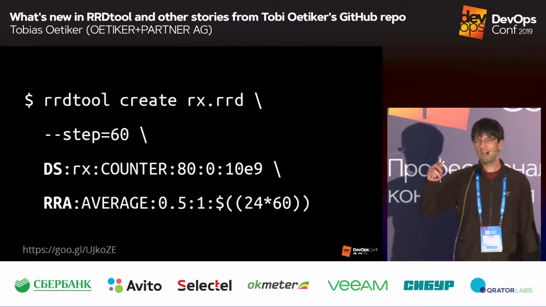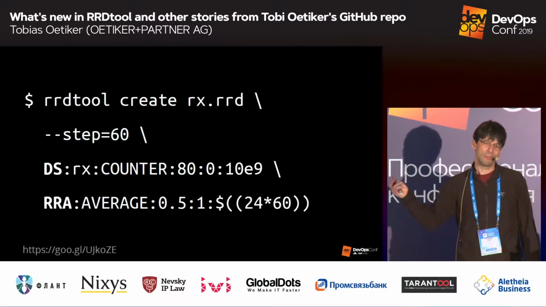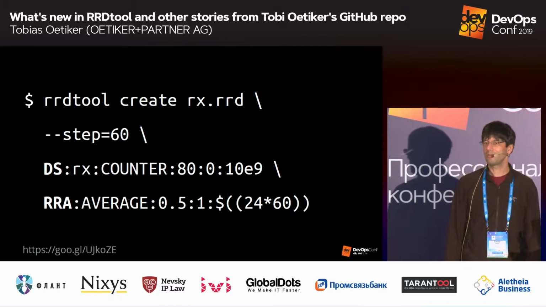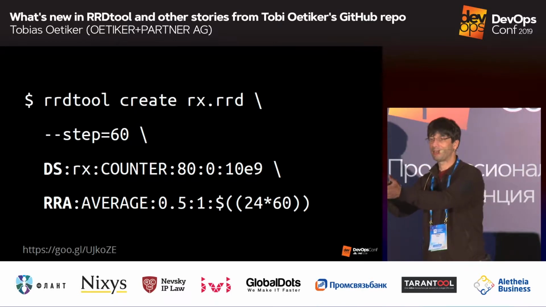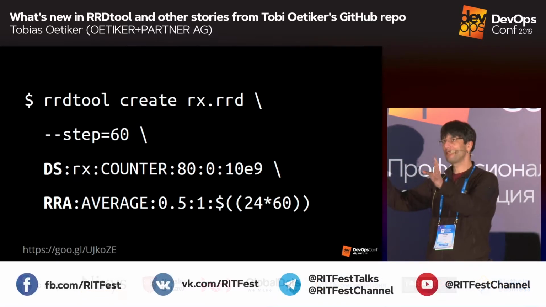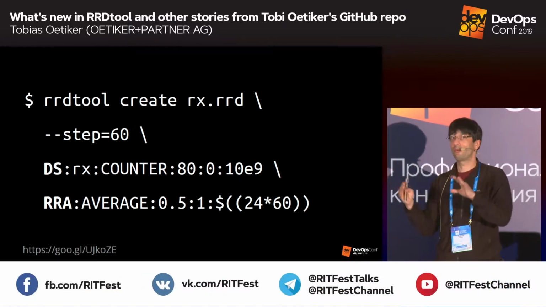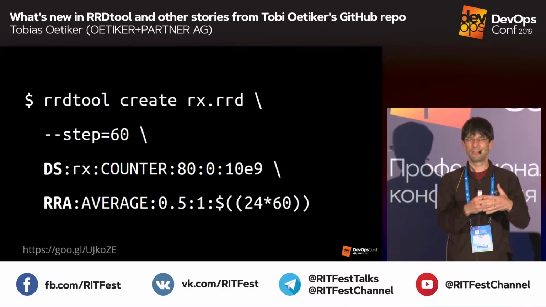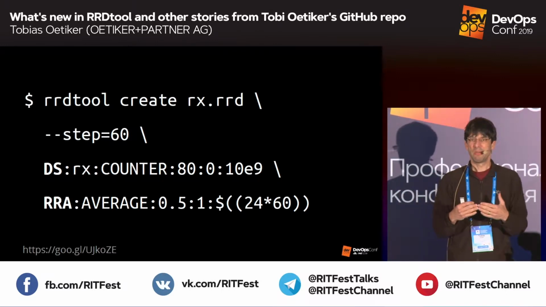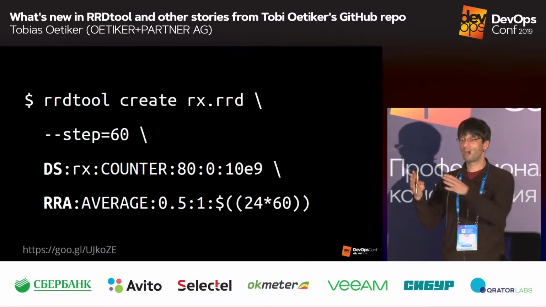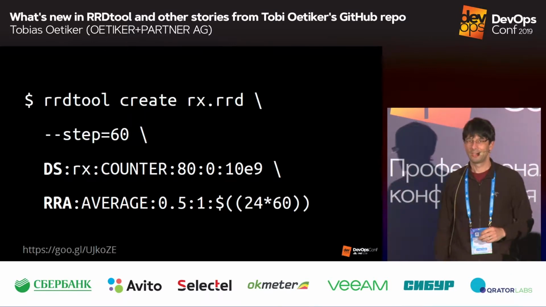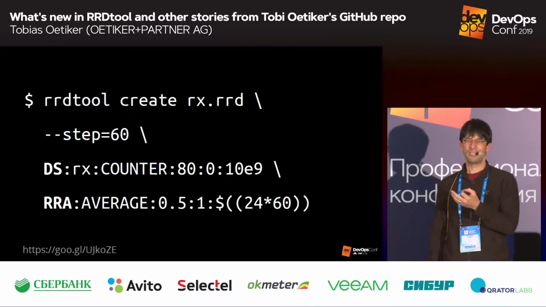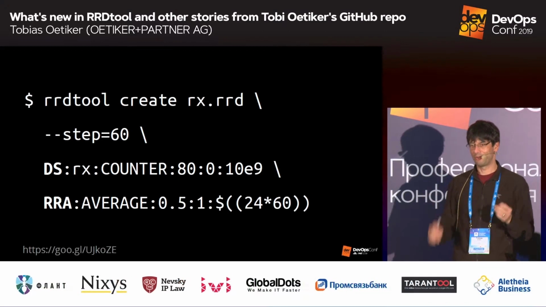If I ask the network interface now, it'll tell me, okay, I've transferred 60 million bytes since whenever. And if I ask it again in 2 seconds, it'll tell me another number. But what is really interesting is the rate and not whether it's exactly this number and that number at the 2 times. So what I want to store is the rate of transfer.